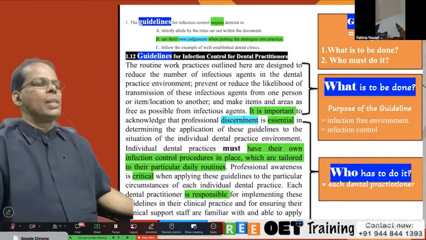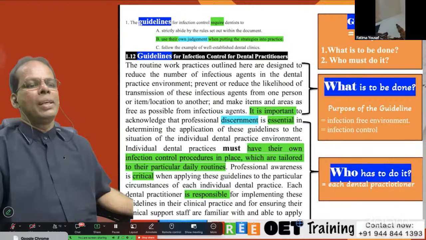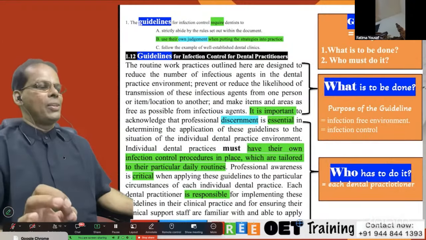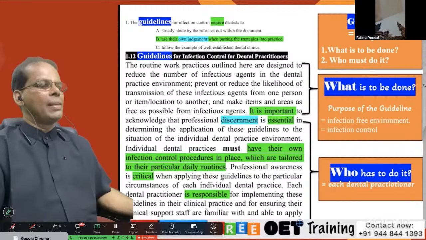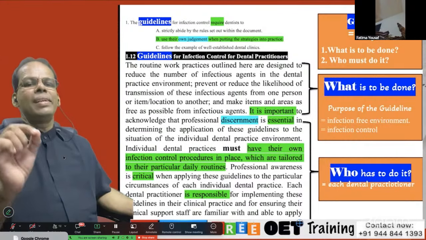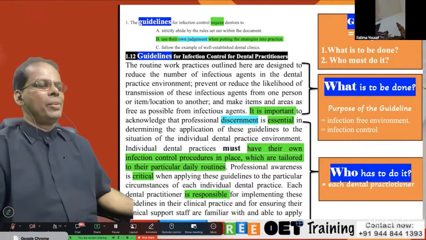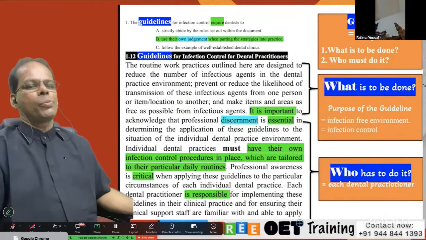It's important to acknowledge that professional discernment is essential in the application of these guidelines to the situation of the individual dental practice environment. Means individual dental practitioner. Individual dental practices again means each dental practitioner must have their own professional discernment. Again, each dental practitioner is responsible.